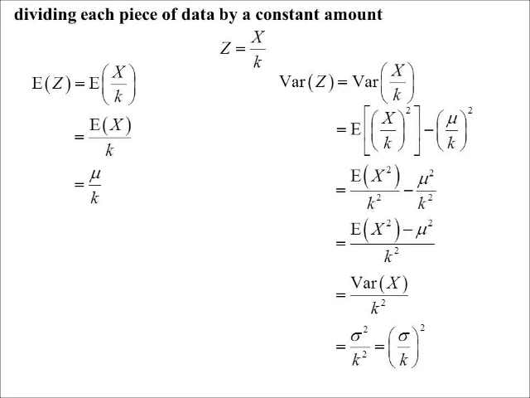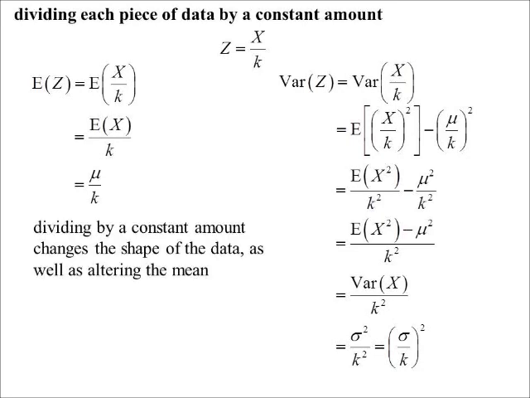So we've affected both. Not only have we moved the graph to where we want it to be, but we've changed the shape of the data as well. And whatever k is, we can make it narrower and make the scores closer together, or I could make it wider. It just depends what value of k I pick. So dividing by a constant amount changes the shape of data as well as altering the mean.